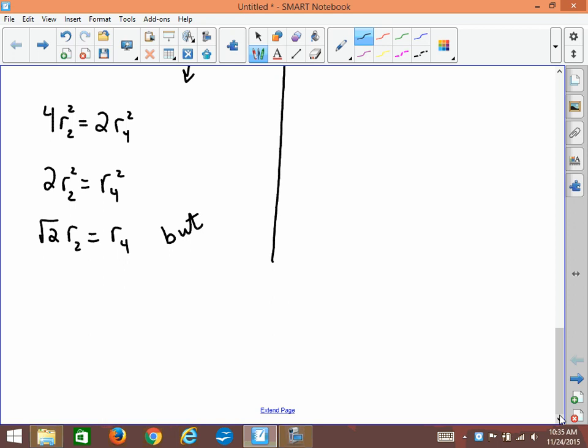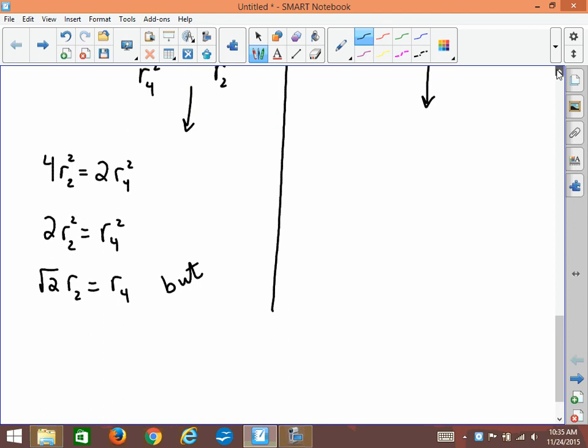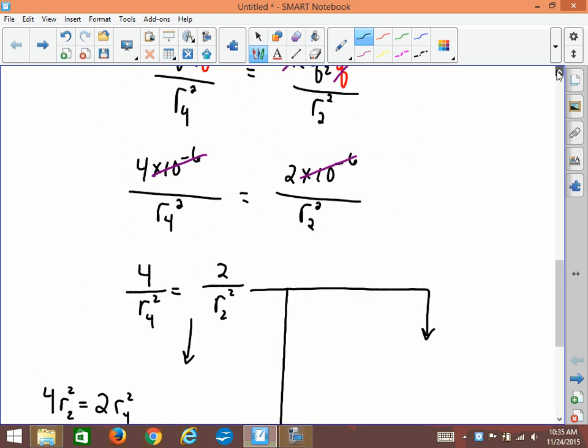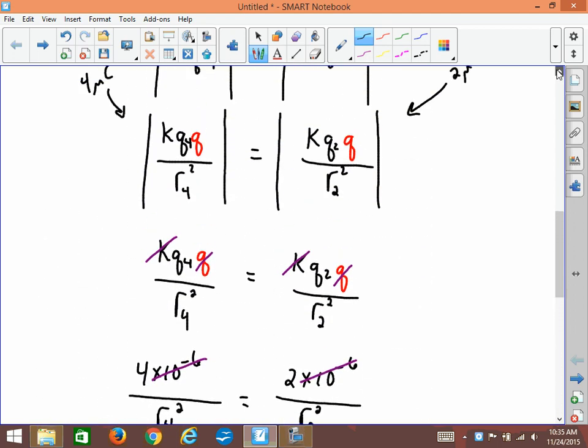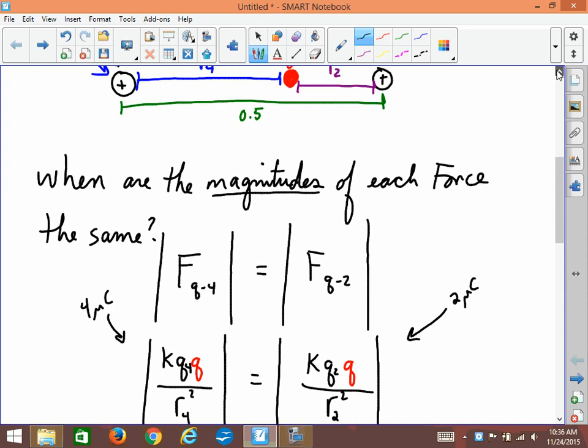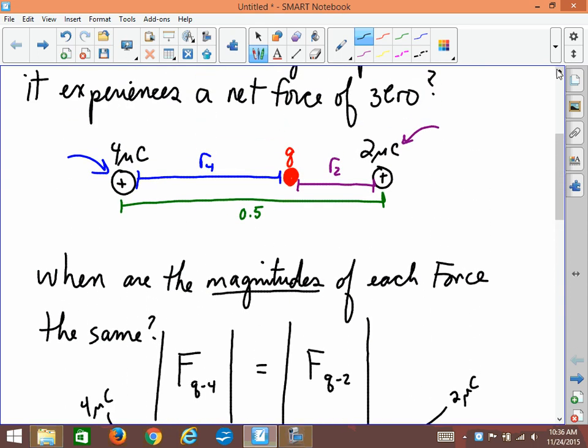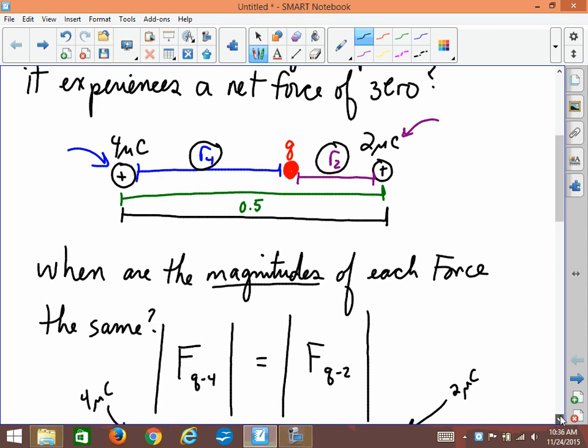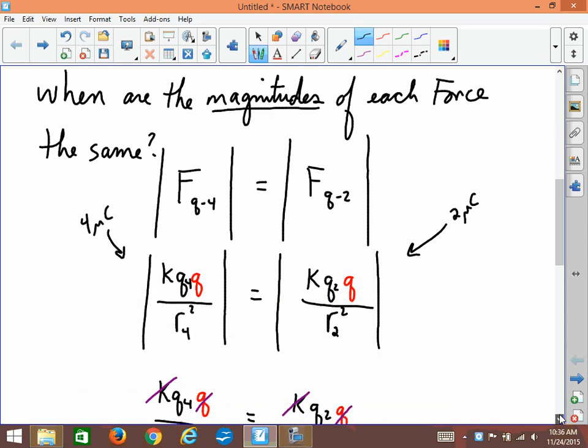If we go right back to the beginning, we'll see that R4 and R2 added together must equal 0.5. So we can use that information as a way to help us solve this problem.